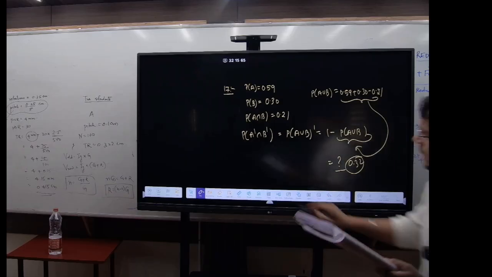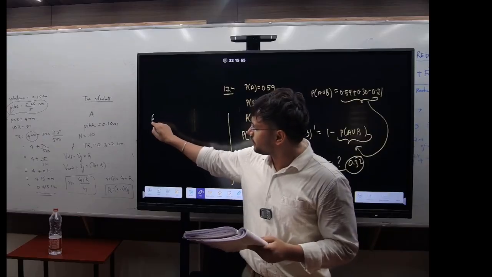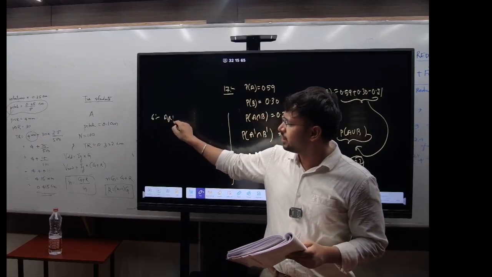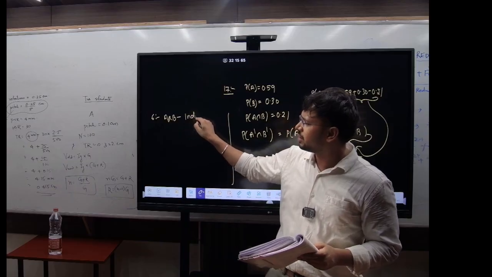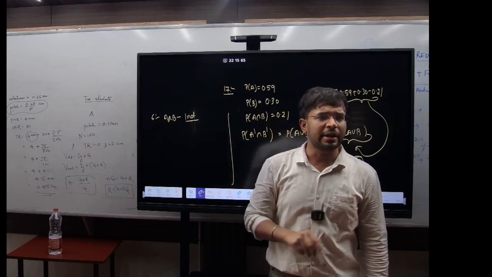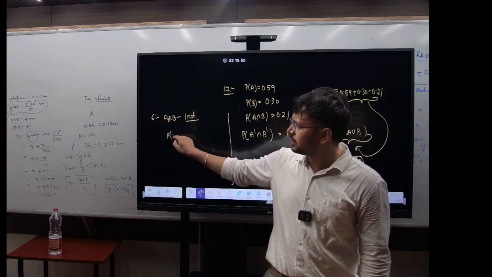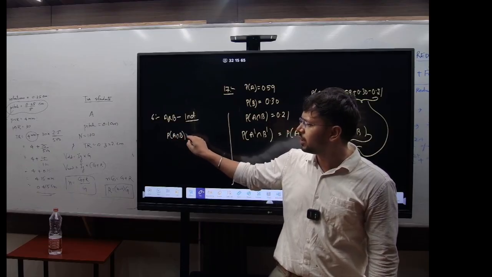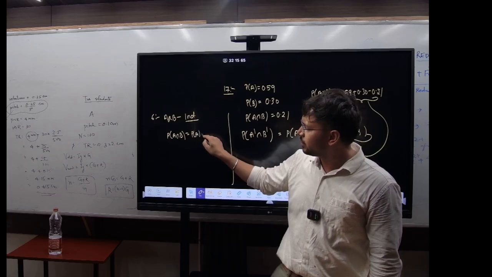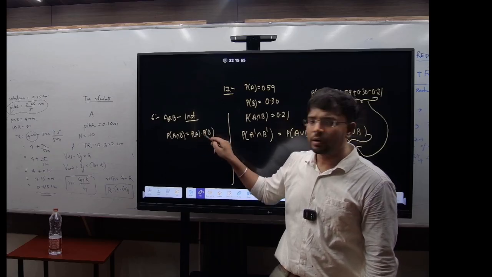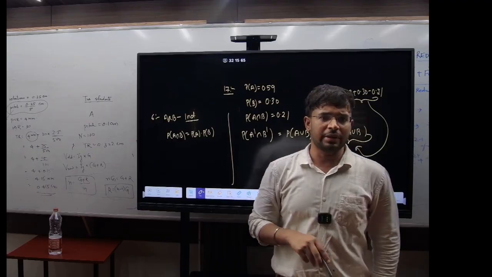Question number 6, I see just one piece of information given: A and B are independent. And if A and B are independent, so P of A intersection B is equal to what? P of A into P of B. Yes or no, everyone?